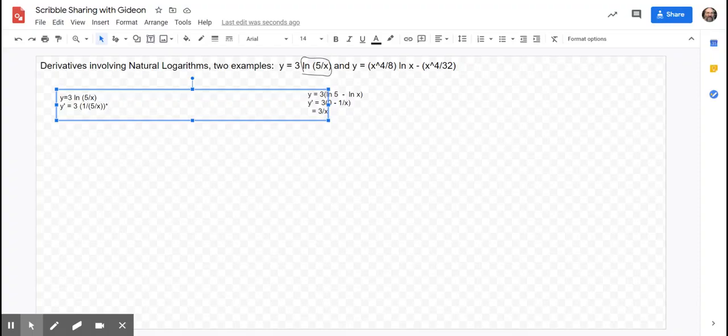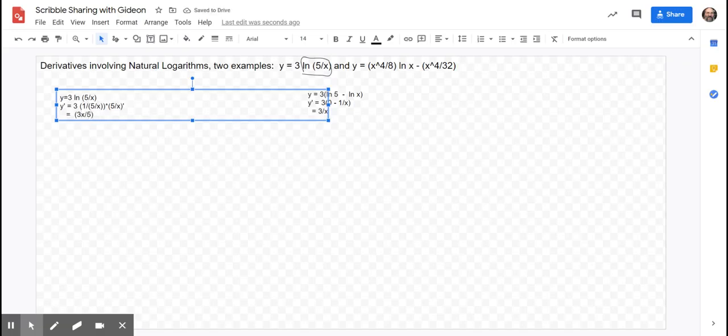I'll break it up into 2 steps so it's a little more obvious. 5 over x is what has to be taken the derivative of. The chain term is the derivative of the inside term. So I hope showing that reminds you of how the chain term is working. 3, if you don't mind, I'll simplify the first term into 3. 1 over 5 over x looks like 3x over 5.